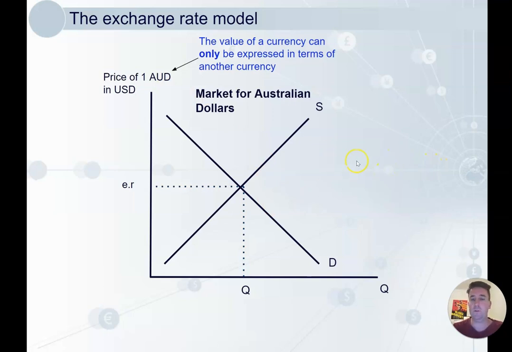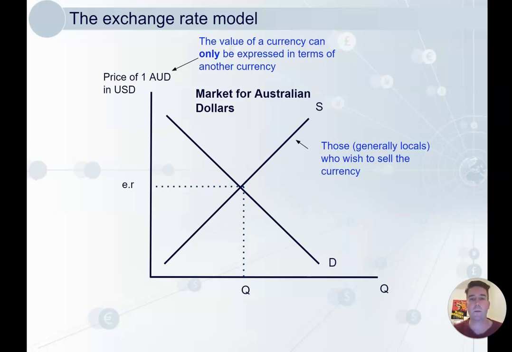All right, what else do we need to know here? The supply of money. So the supply of Australian dollars is those people who have the currency who wish to sell the currency. So you have to have it already, and they have to sell it and buy another currency.